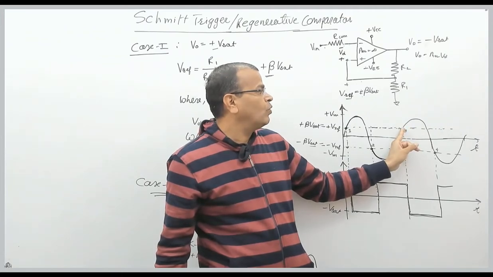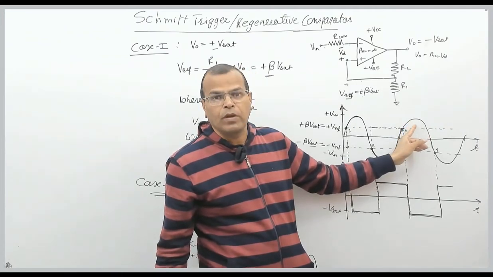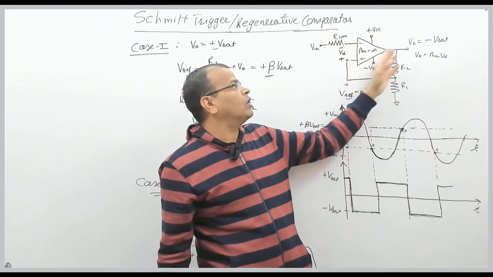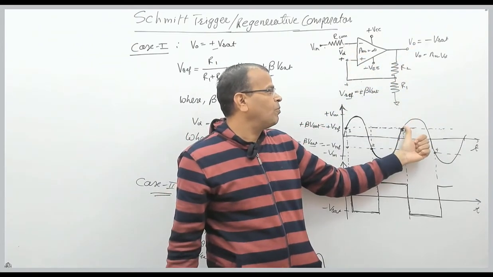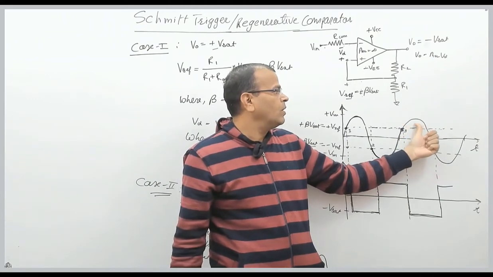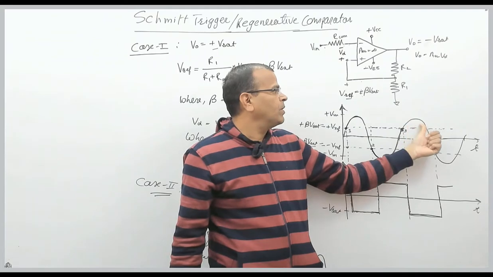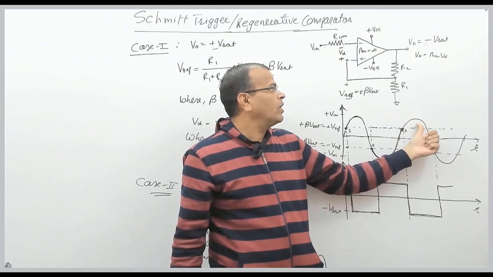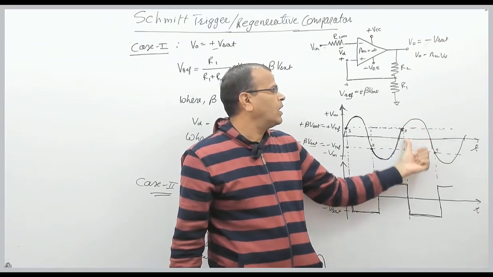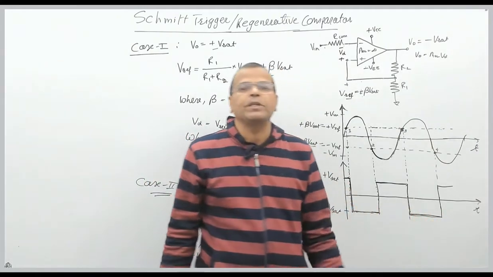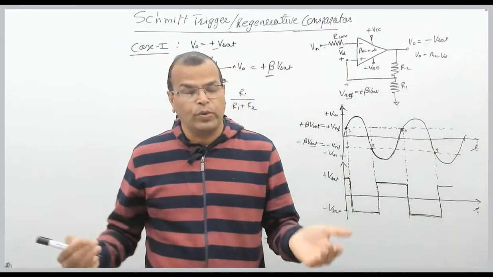From point 3 onward, my input is more than Vref, Vd becomes negative, output changes to minus Vset. Accordingly Vd becomes negative and output becomes minus Vset, and that cycle is getting repeated and that repetition will go on.